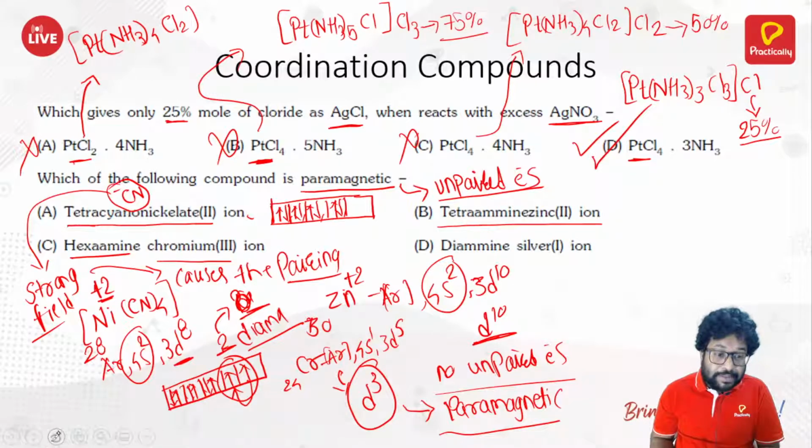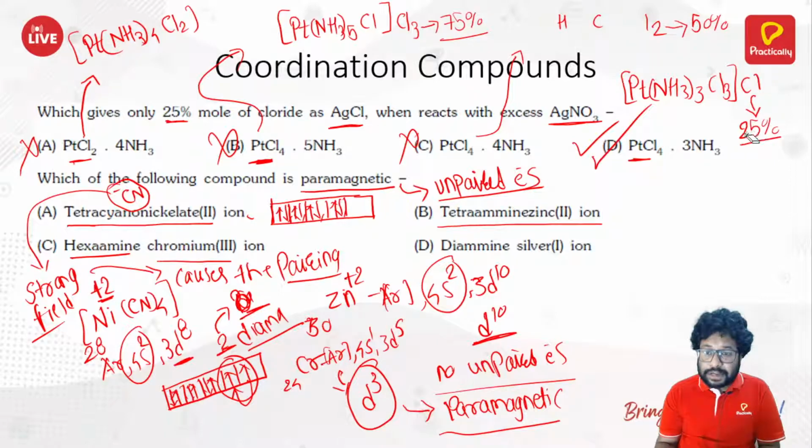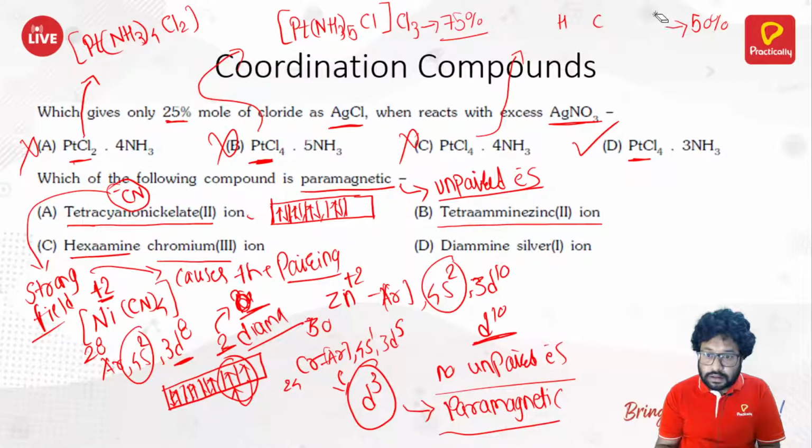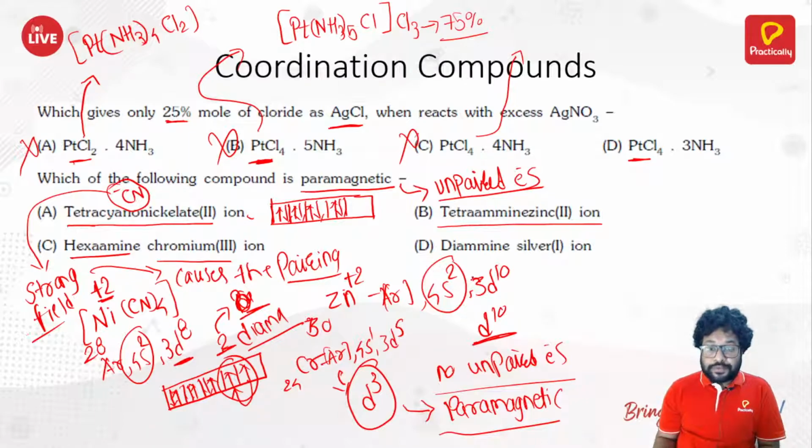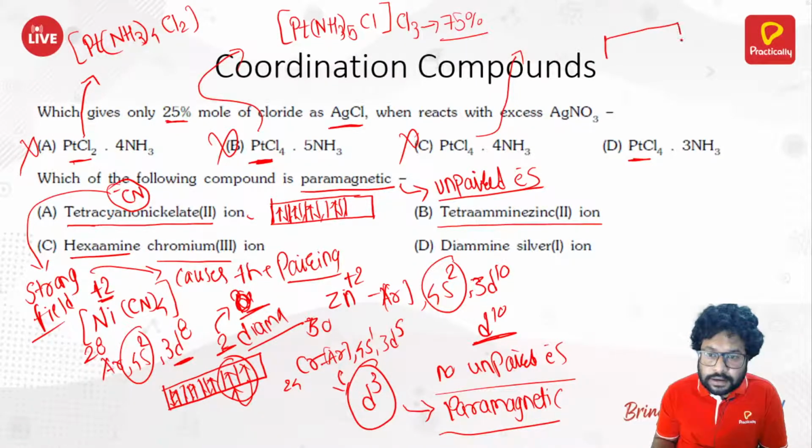Now let me tell you why I'm saying chromium 3 is paramagnetic, because chromium has 3 electrons. So how do you distribute 3 electrons in the d orbitals? 1, 2, 3, 4, 5.